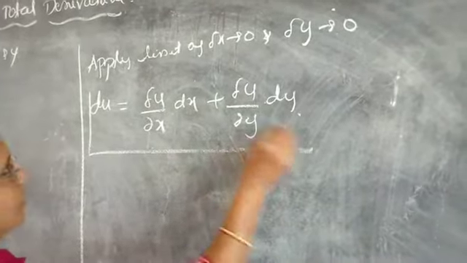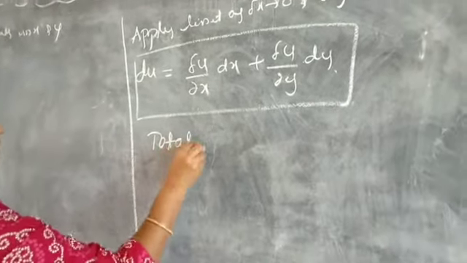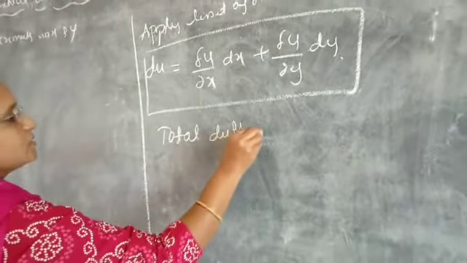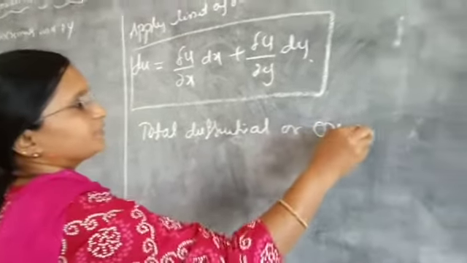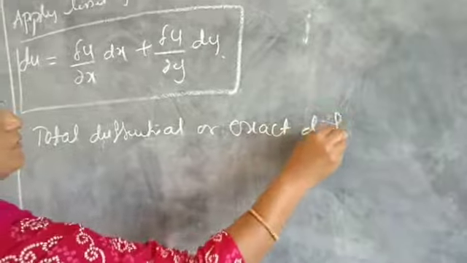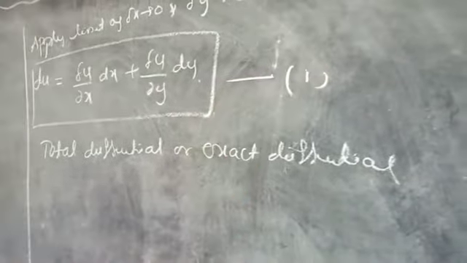So this is known as the total differential or exact differential. Take this one as equation number 1.